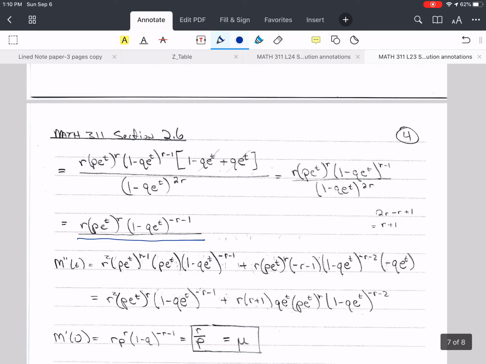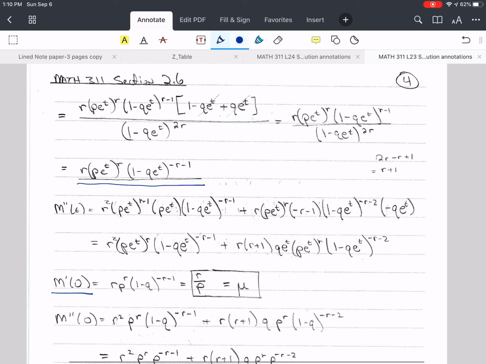So for the second derivative, instead of using the quotient rule, I used the multiplication rule. And then I plugged in 0 for the first derivative and ended up with this very nice, easy expression for the mean. And this is the mean of the negative binomial, not the mean, which we've already gone over for the geometric. Of course, it works. If you put in 1 for r, that's 1 over p.